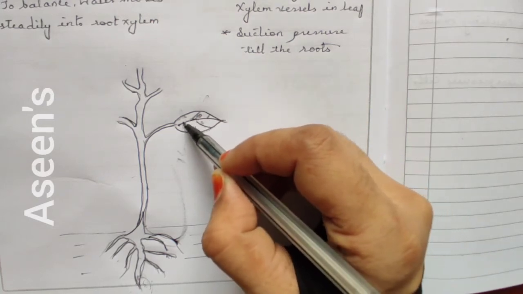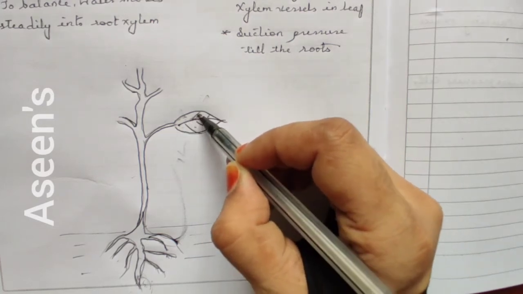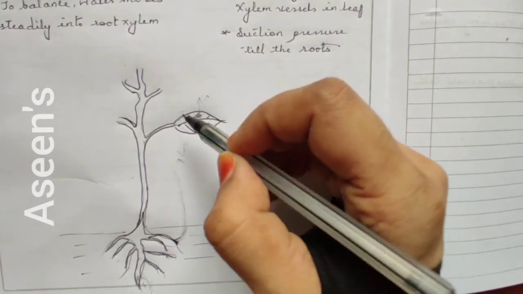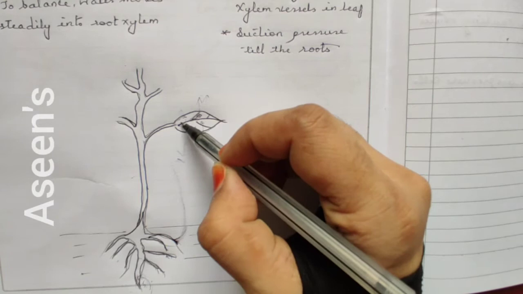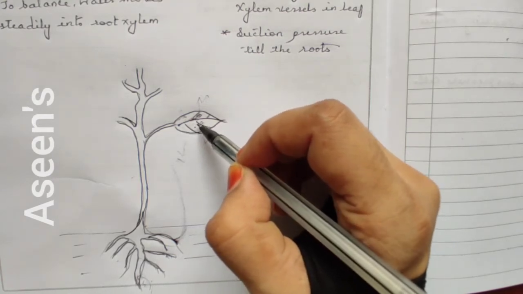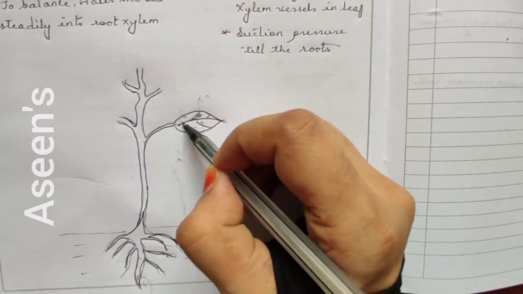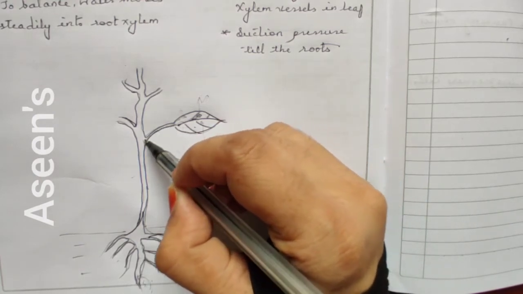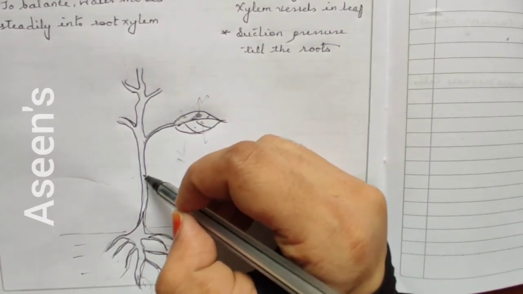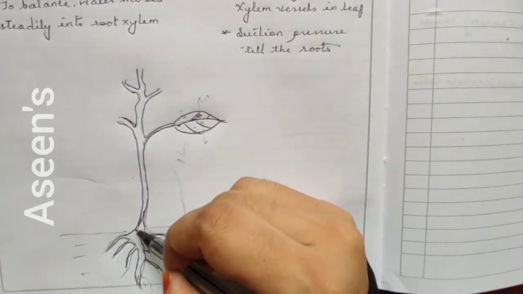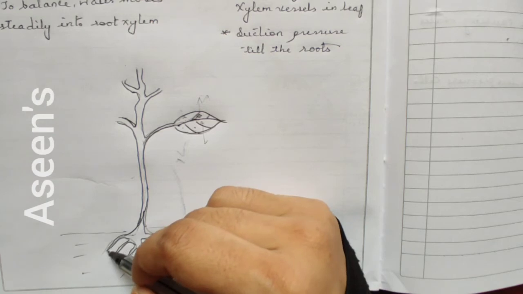Further on, as the water is being pulled up, because of the sunlight, transpiration will be continuously happening, and because of the loss of water, they will be continuously trying to get water from the nearby xylem cells. So this creates a kind of suction pressure which will go on till the roots, till the root hairs as well.